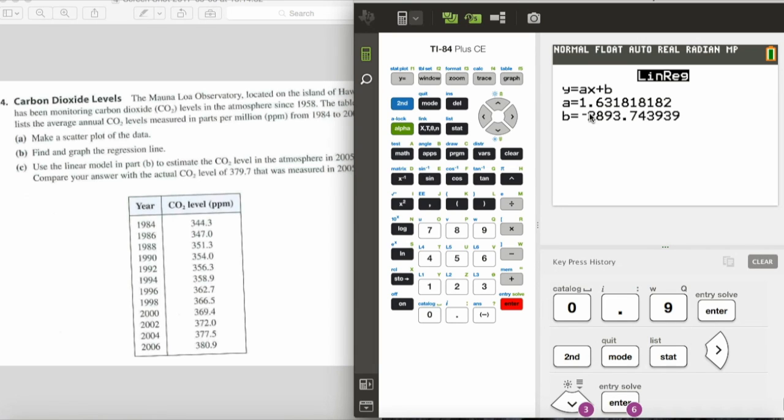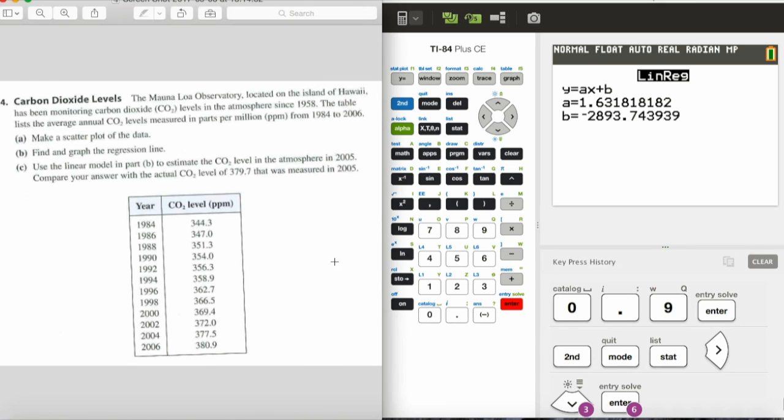That's just the way the linear model worked, because we had to project it all the way out to the year 2006. This doesn't really tell me a lot. I can use it to answer the question here and put in 2005 for X and round appropriately, but I'm going to try to use the calculator to do this instead.